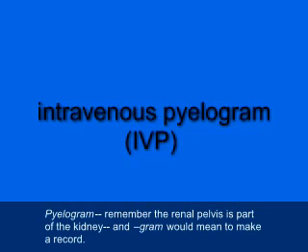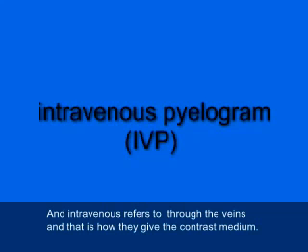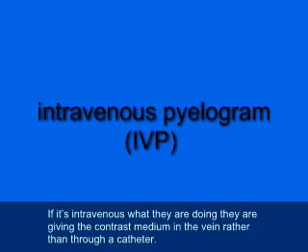Pyelogram, remember the renal pelvis is part of the kidney. Gram would be to make a record. And intravenous refers to through the veins, and that's how they give the contrast medium. They're giving the contrast medium in a vein rather than through a catheter.